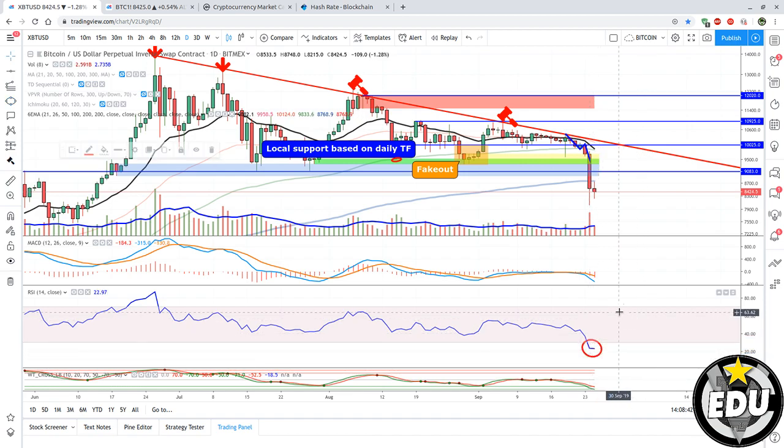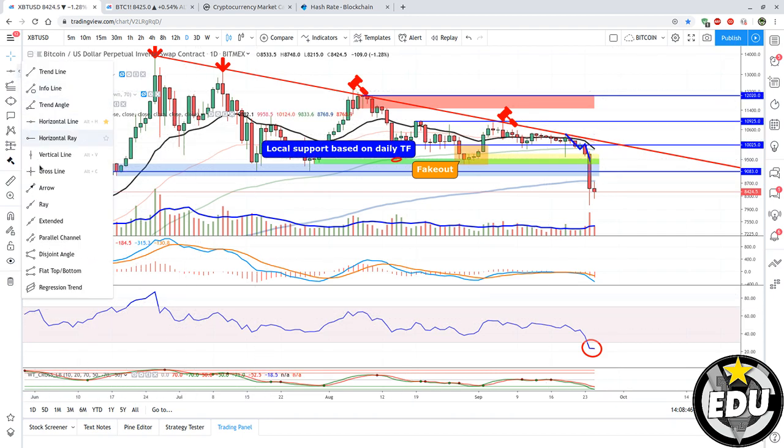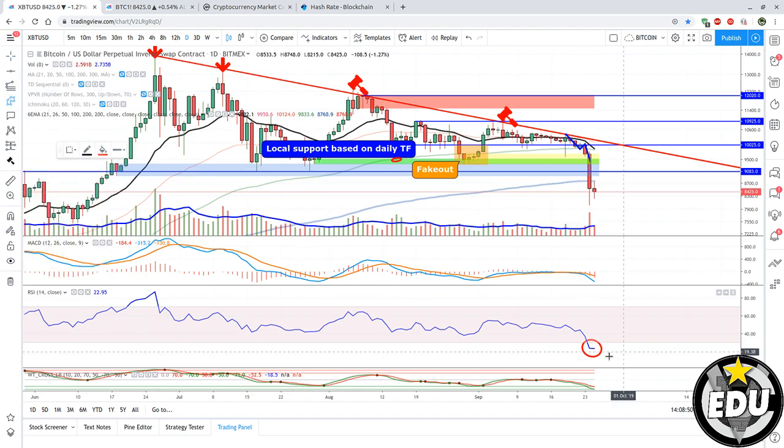This doesn't mean buy, because you guys know there are divergences. For those who don't know what divergences are, it's when price is making lower lows while RSI can go higher.